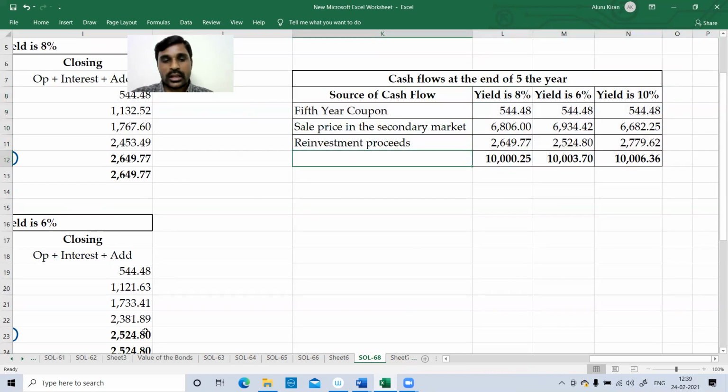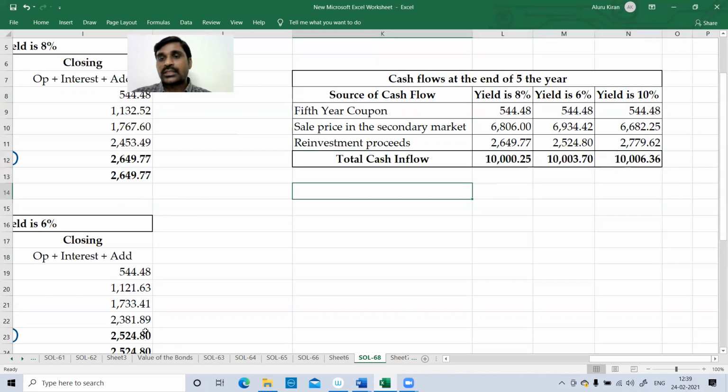This is the total cash inflow. Irrespective of what happened in the market, my investor is able to get 10,000.